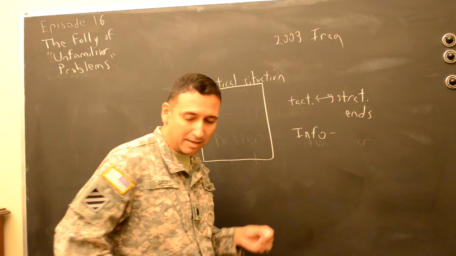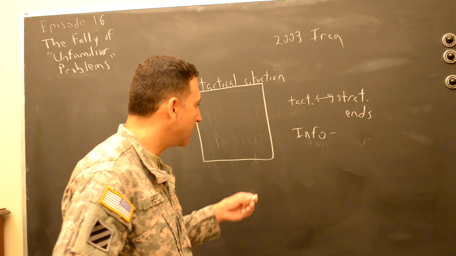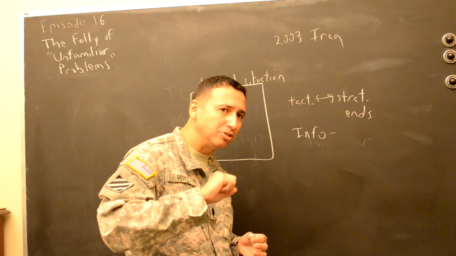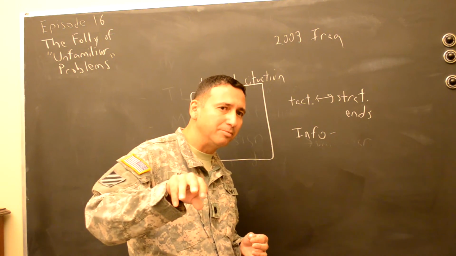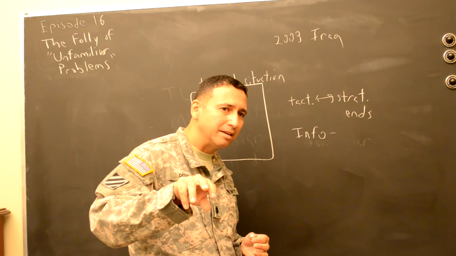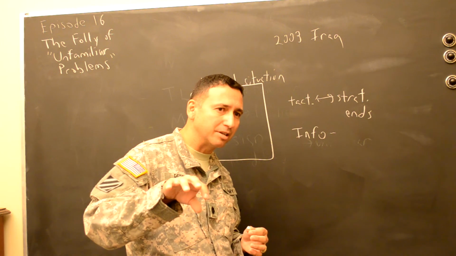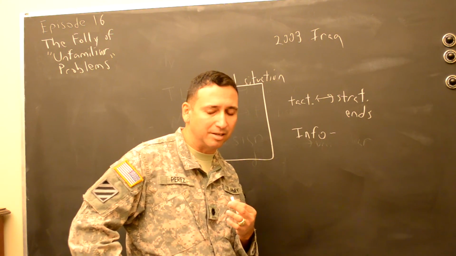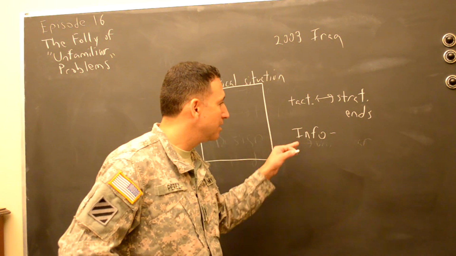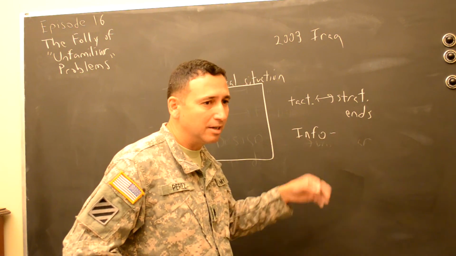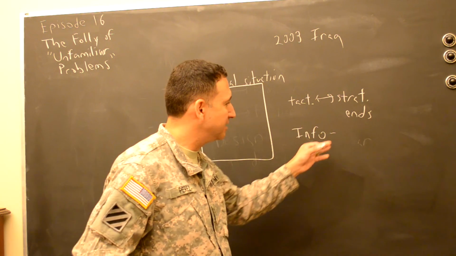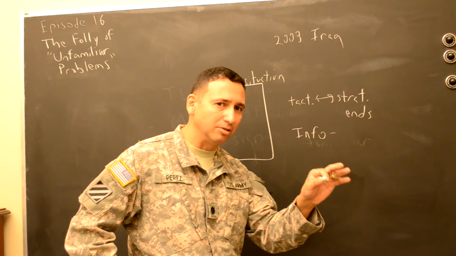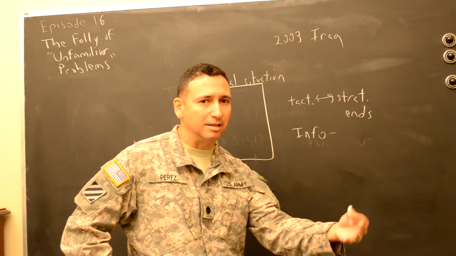And he thought that he could actually conduct operations in such a way, by aggressively preparing to attack into Baghdad, and later on, in accordance with mission command, getting approval from his higher commanders at the division and corps level, he thought that he could achieve shock value by convincing the Iraqis that, hey, those persons who are rebelling are doomed to lose because we're already in the middle of Baghdad.